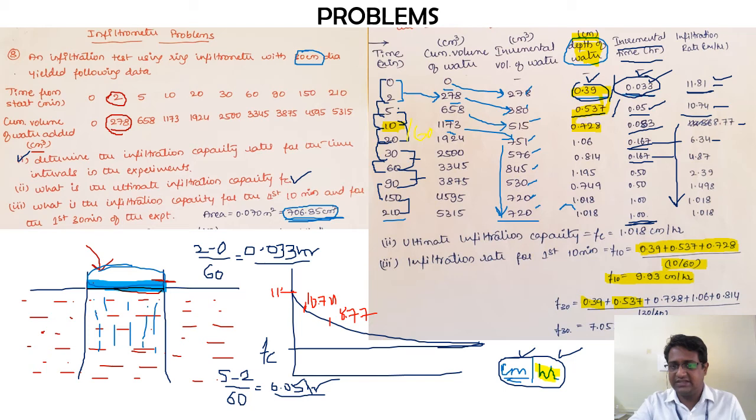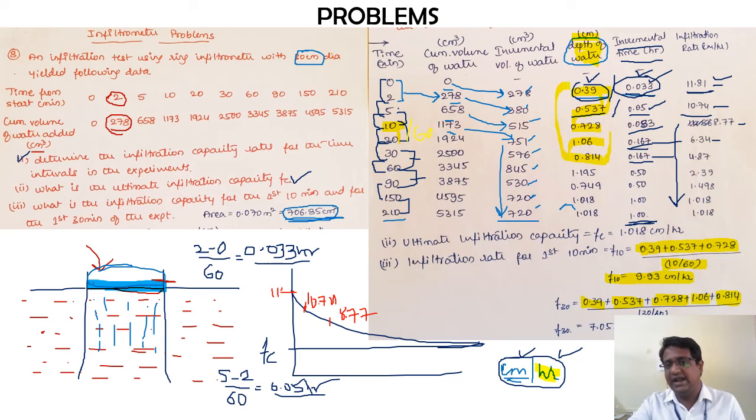Okay, from 5 to 10 minutes I have added 0.728. Then from 10 to 20 minutes I have added 1.06, and from 20 to 30 minutes I have added 0.814 centimeters of water.